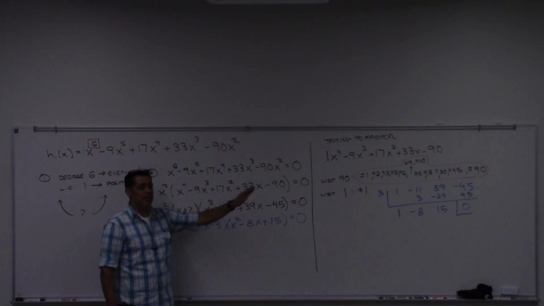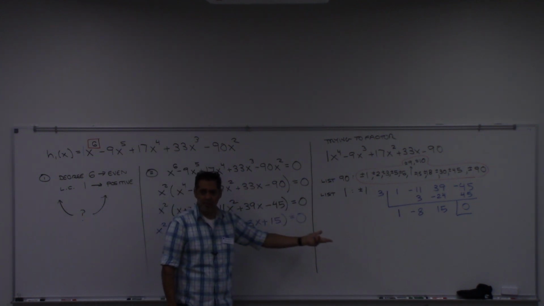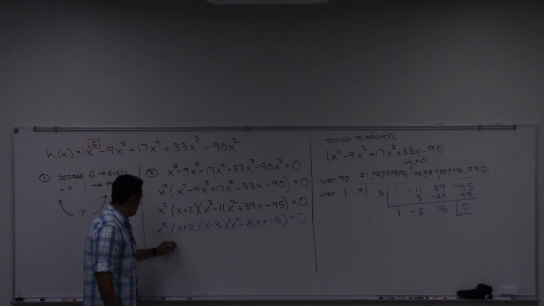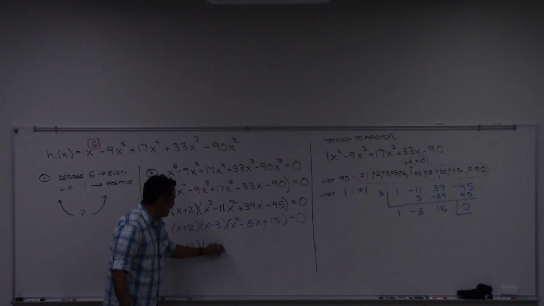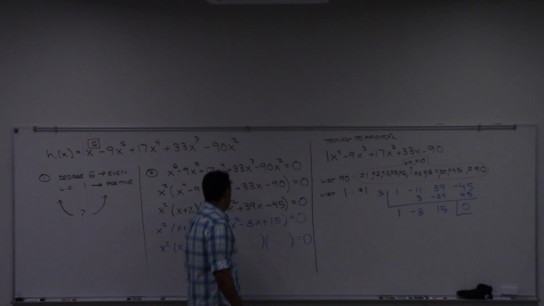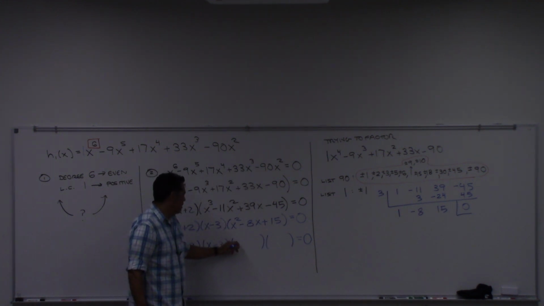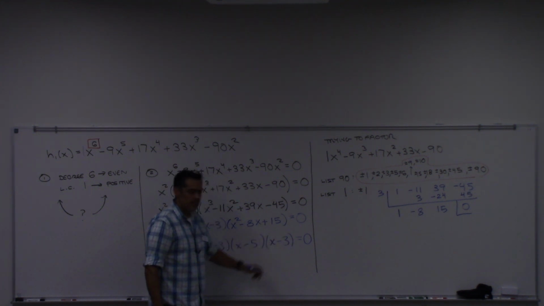I shouldn't need synthetic division, but if I needed to, I could continue doing synthetic division. But I'm hoping we're all at the point now where we can rewrite that as two things. Let's see, I need numbers that multiply to be 15 and add up to be -8. -5 and -3, right?